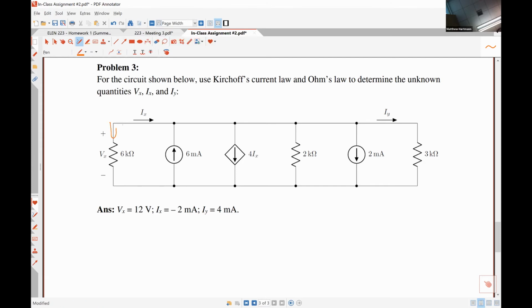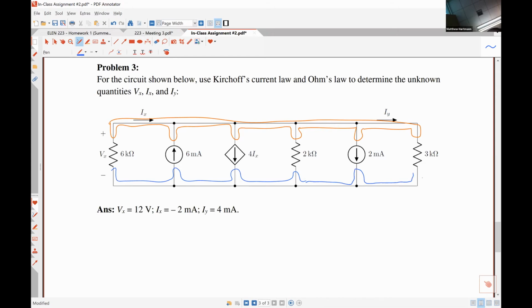To be clear, we have this top node and this bottom node, and those are the only nodes in the whole circuit.